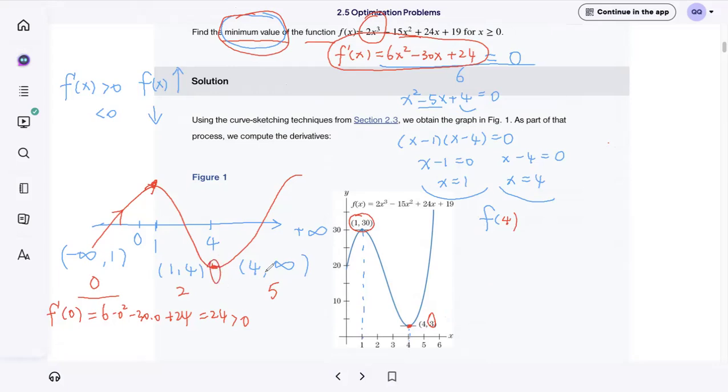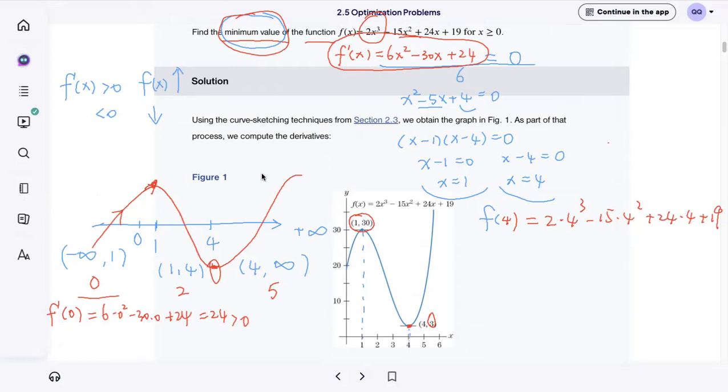So we just have to evaluate f of 4. We'll plug into the original function. So it's 2 times 4 raised to the 3 minus 15 times 4 squared plus 24 times 4 plus 19. So be very careful.